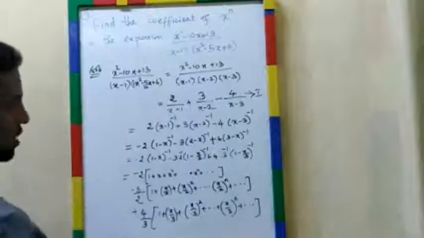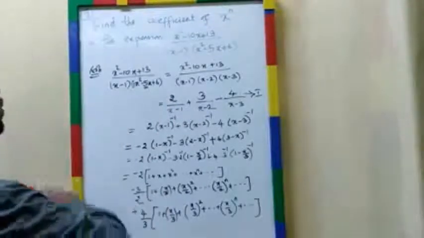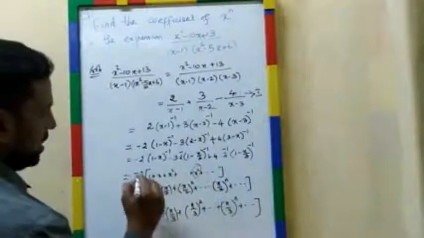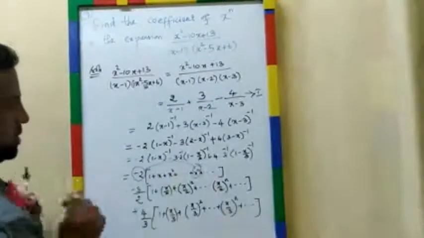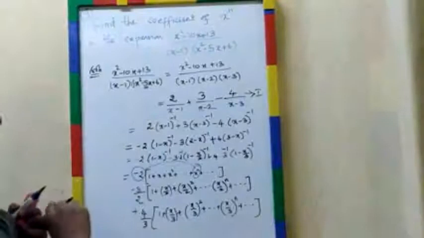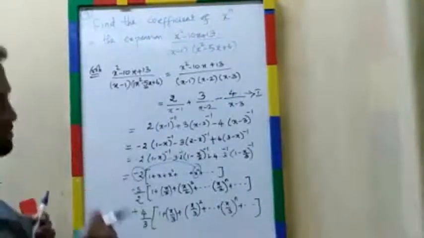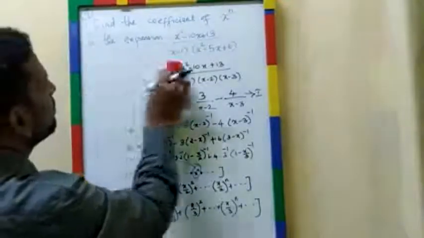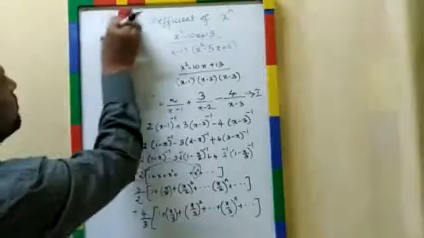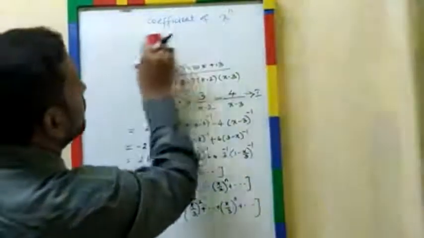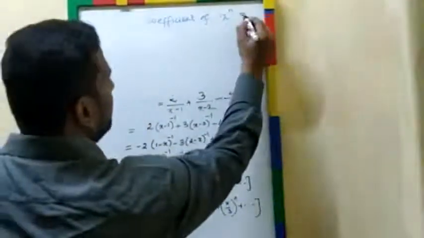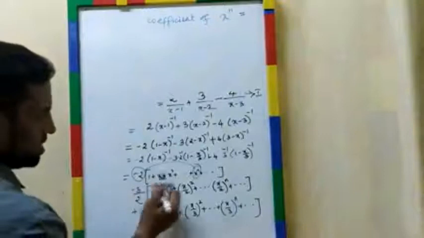Now you see how to find out the nth coefficient. This is the nth term, is it? This is the nth term. You multiply this by minus 2 and bring it out. What you will get? Coefficient of x power n is equal to, now you see, minus 2 x power n.